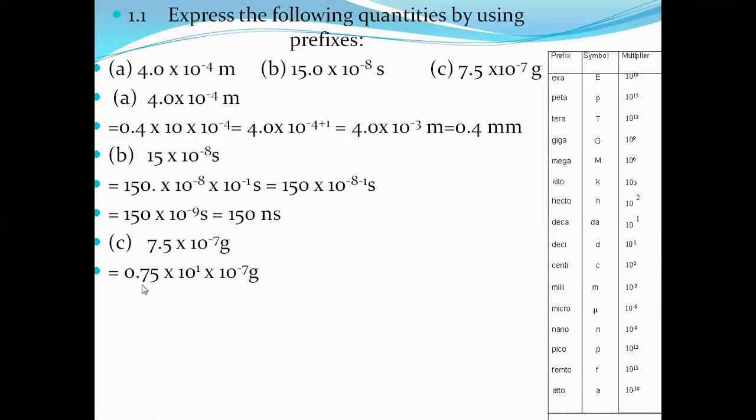So 0.75 into 10 to the power 1, because we have moved the decimal point, and which is added to 10 to the power minus 7, it will become 0.75 into 10 to the power minus 6, because 1 and 7, when they both add up, will be equal to minus 6. So what can we write instead of 10 to the power minus 6? It will be 0.75 micrograms. As we can see over here, micro is represented by a Greek letter which is mu.